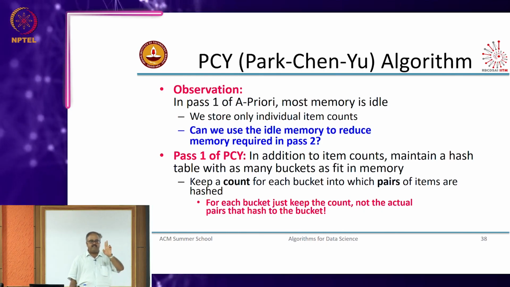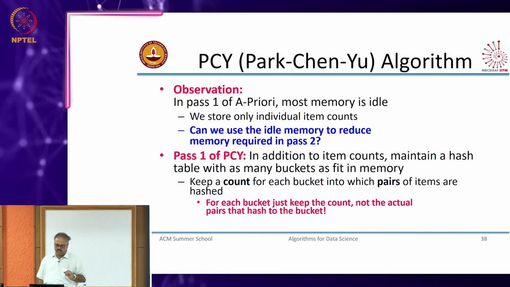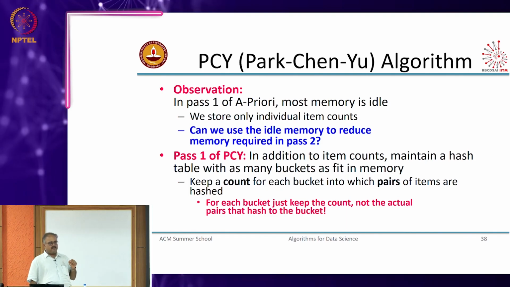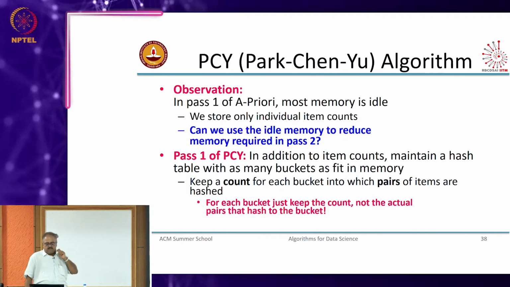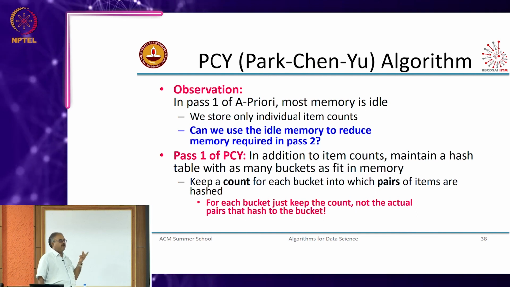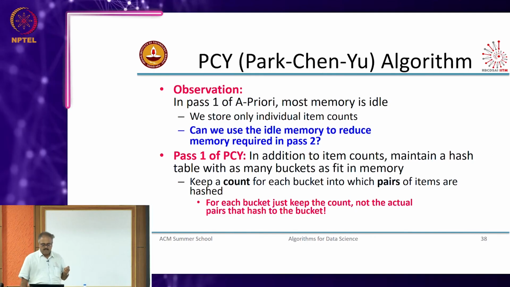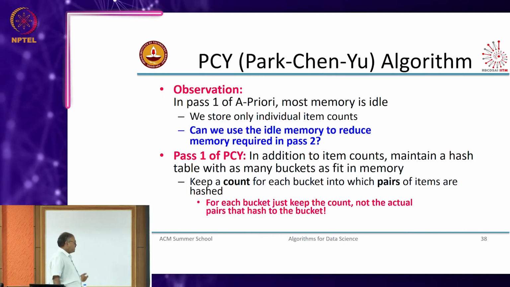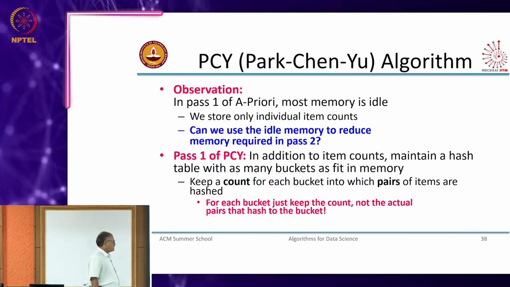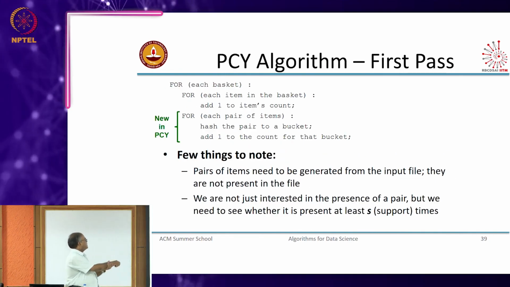You have some hash function that takes a pair of elements and puts it into a bucket. We just keep a count of the number of times a pair of elements hashed into a bucket. You do not really need the actual elements that hash there, you just need the count for that bucket.